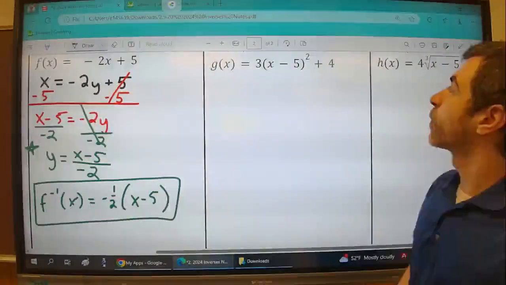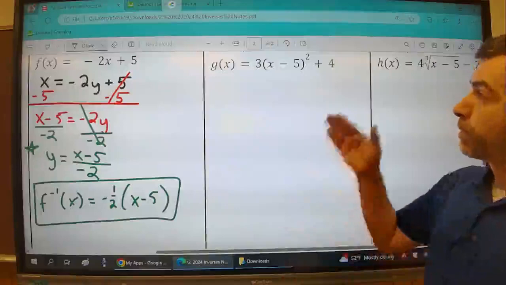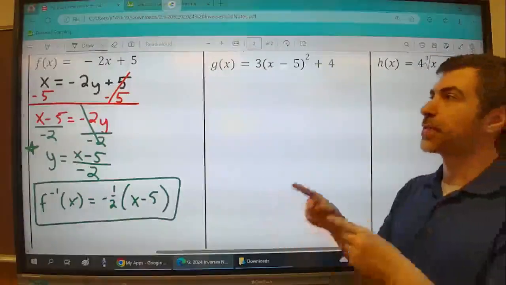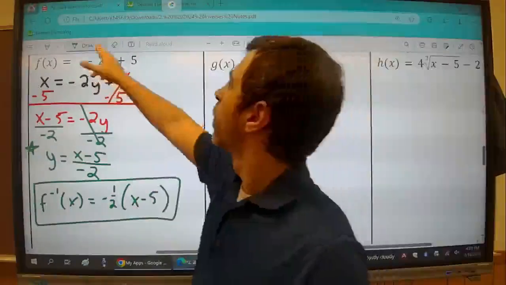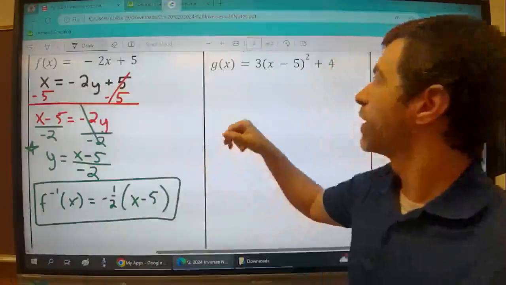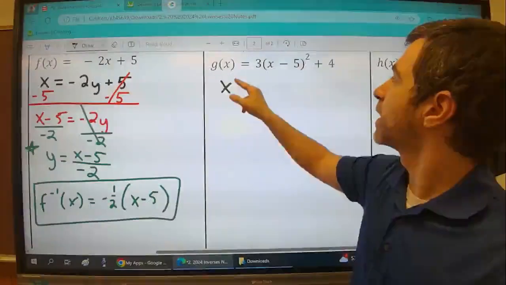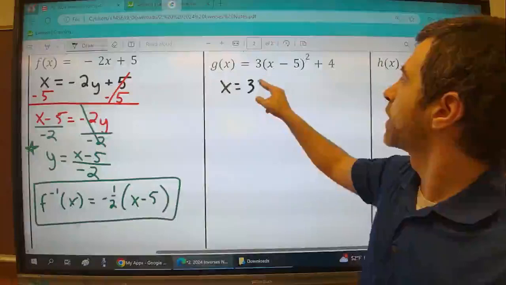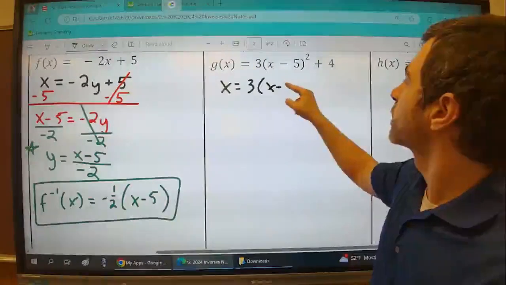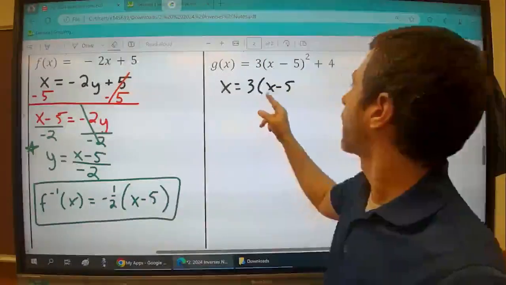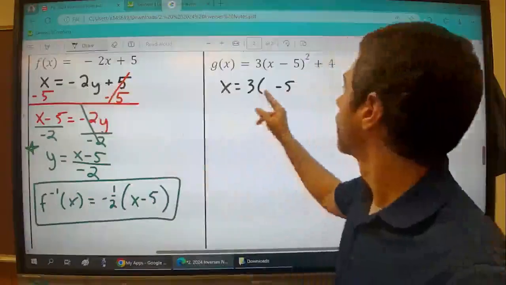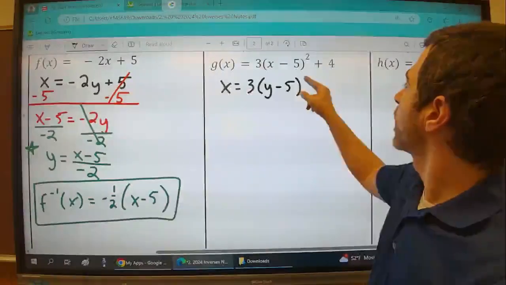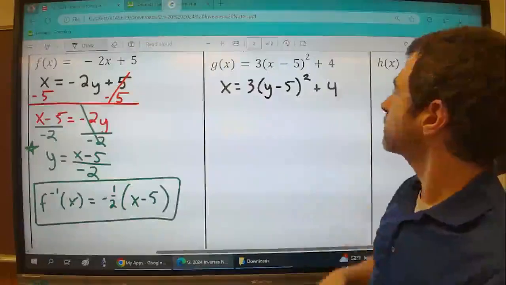Welcome back. Okay, let's go work this one. To begin with, I'm going to take care of those first two steps simultaneously. What is my function to solve? It is x equals 3 times y minus 5 squared plus 4.